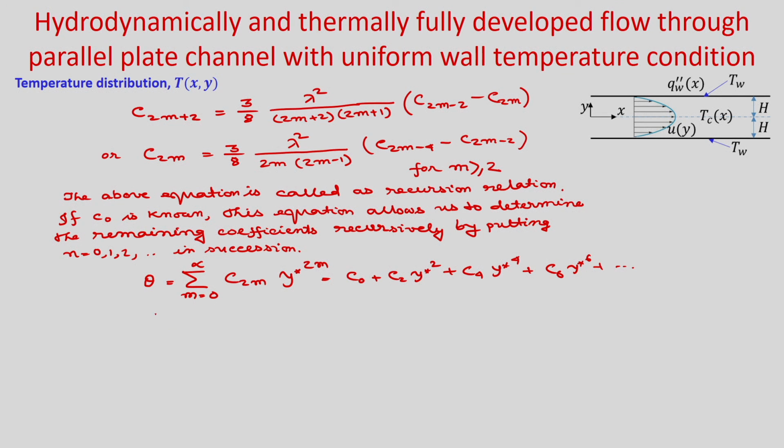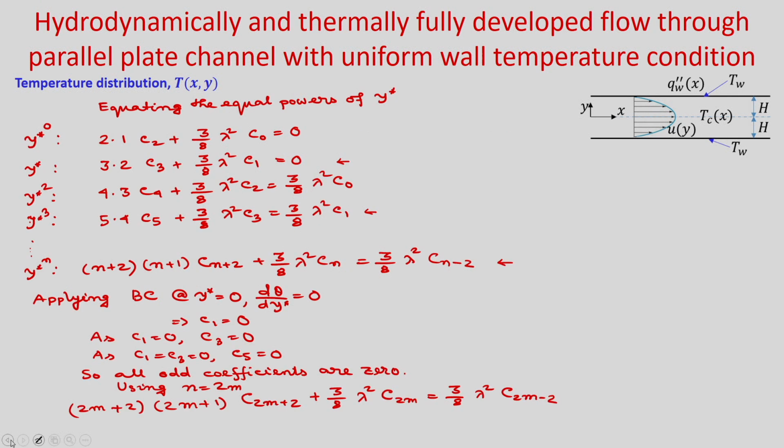So, that means you can write C_{2m}, where C_{2m} is 3 by 8 lambda square by twice m minus 1 into C_{2m-4} minus C_{2m-2} for m greater than equal to 2, and the first equation if you see here.